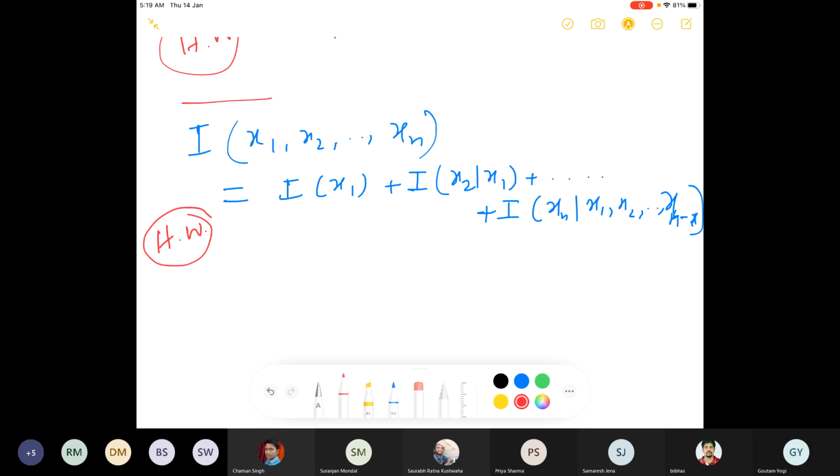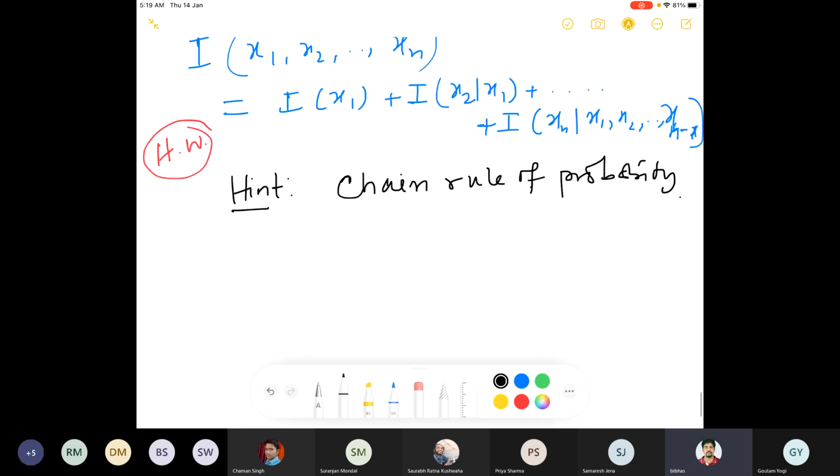I think by induction method. By induction, okay. I'll give you a hint. That's why I said you should review your probability concepts. There is something called the chain rule of probability.